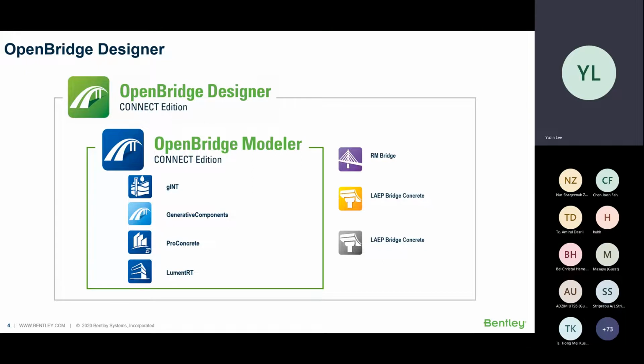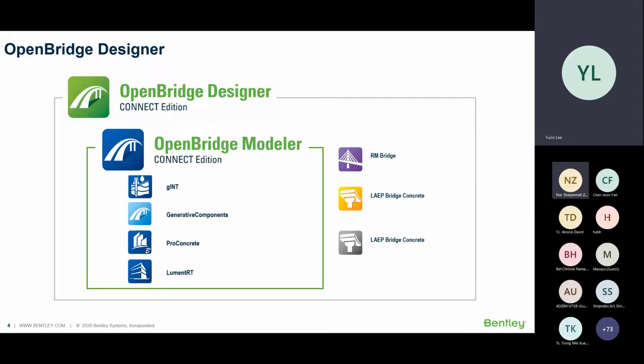OpenBridge Designer is a specialized tool for bridge engineers, and it supports the engineer in bridge design from concept to reality modeling in a conceptual design environment. It allows you to use both the physical bridge model and the analytical design tool. GINT is used for geotechnical information modeling.